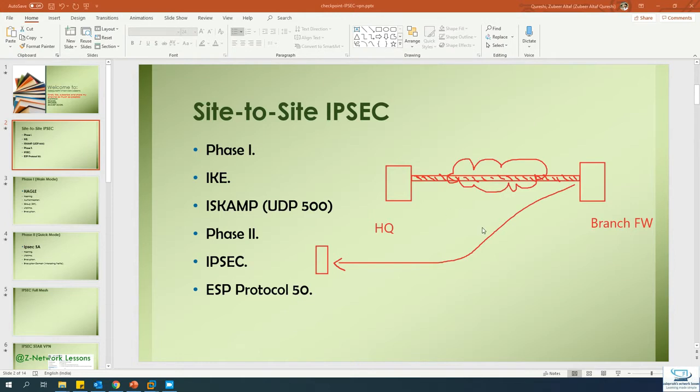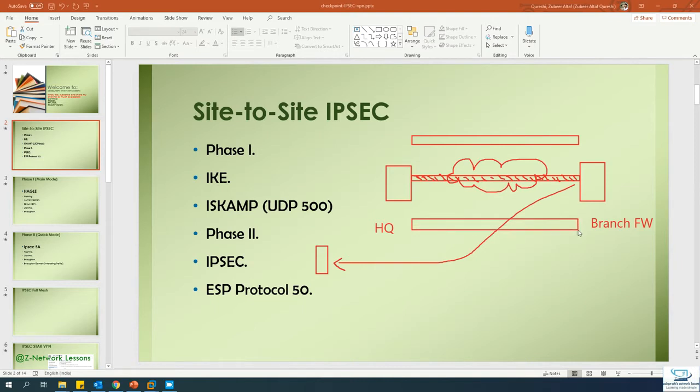So that is the whole concept of site-to-site VPN. But in case of IPsec VPN, we have different modes and we have different packets. So you need to understand the modes and the packets and why we have those modes and what these modes mean. So first of all, we have phase 1 and we have phase 2.